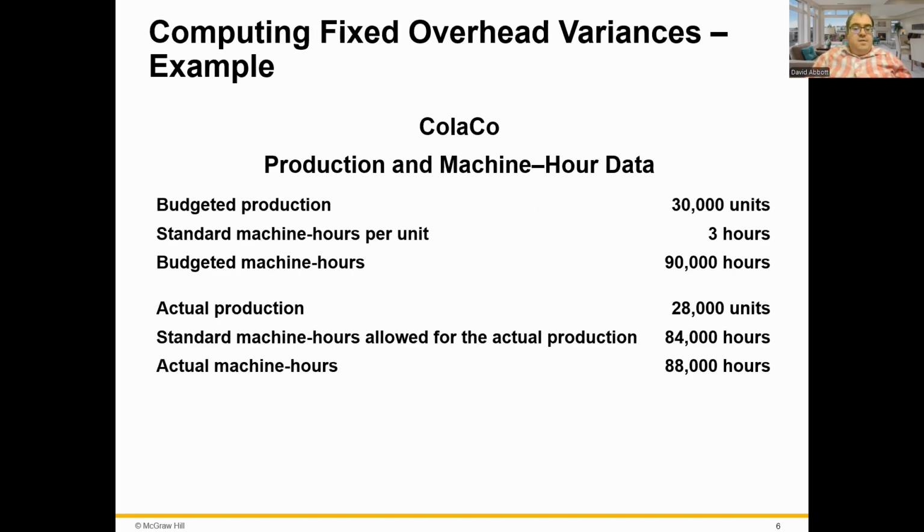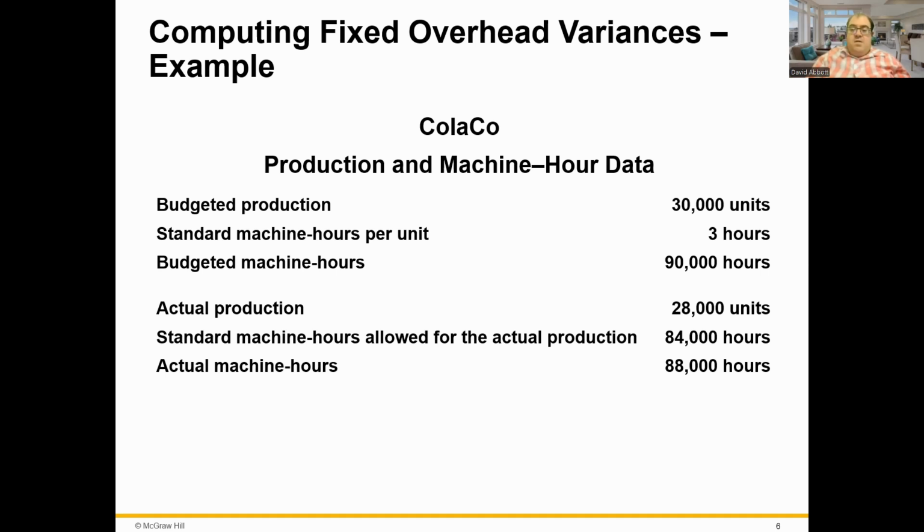So this is Coca-Cola computing fixed overhead variance. And so we see the background information here. So they had budgeted production of 30,000 units, 3 hours per unit, so 90,000 machine hours. They had actual production of 28,000 units.